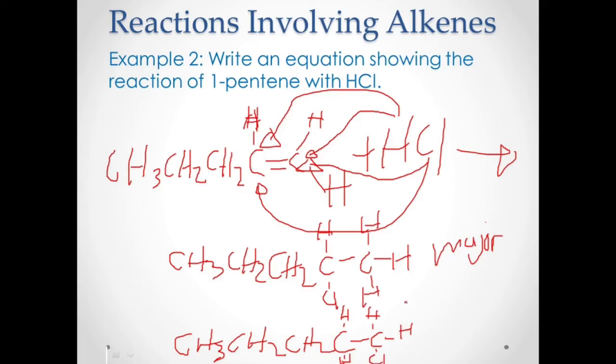Okay, so this is now your minor product. So what is the name for the major product? You have 2-chloropentane, and the minor product is 1-chloropentane.